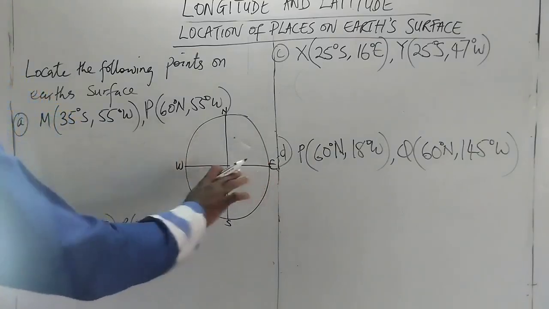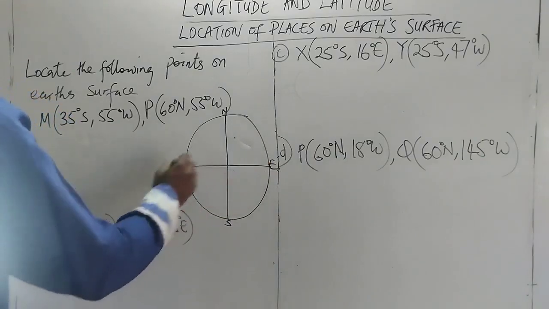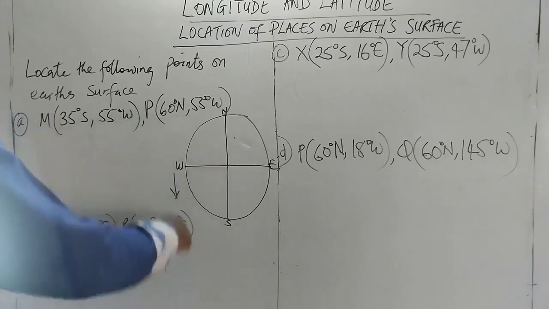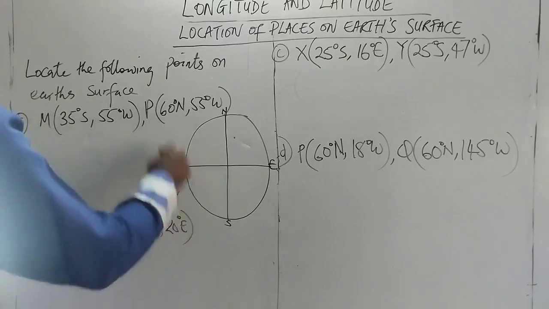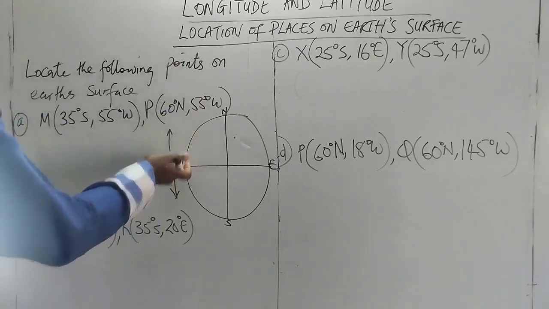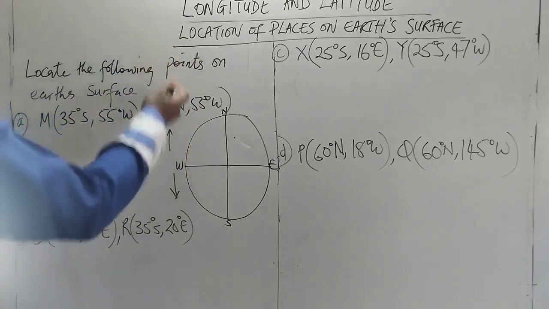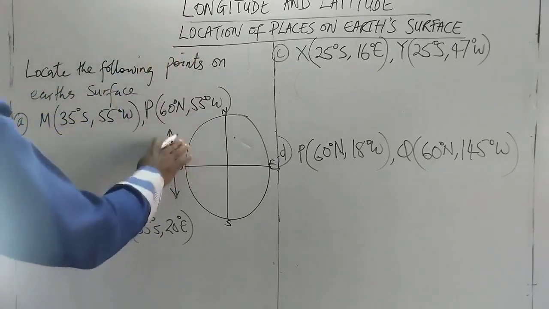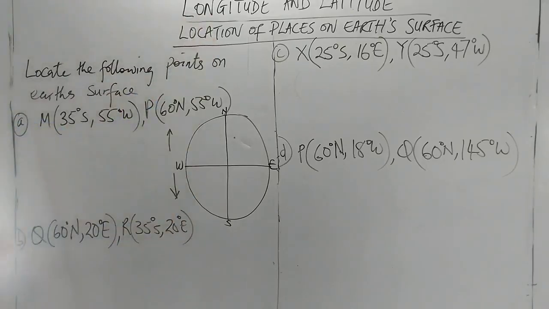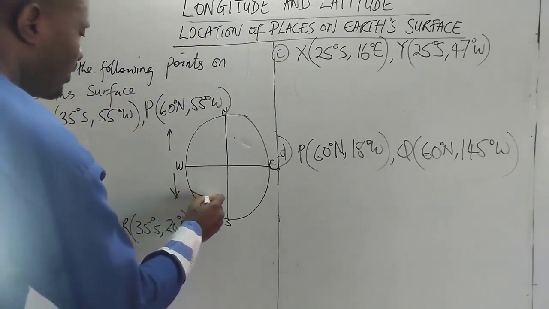From that 0 degrees, if you are going down south, it increases from 0 to 90. If you are going up north, it increases from the equator till 90 degrees. That is how it increases. 0 at the middle. As you are going either south or north, it increases. So 35 should be somewhere down here.